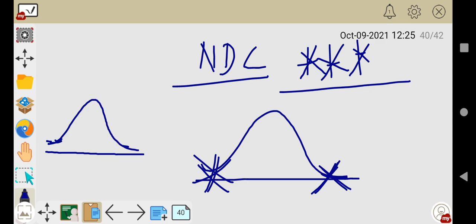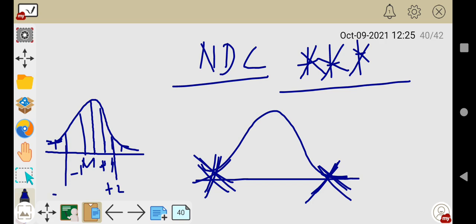Okay? Never join. First thing. This is the mean. Then I will draw lines and explain it, right? This is +1, this is -1. Then next is +2, this is -2, this is +3 standard deviation, this is -3 standard deviation, right? This we all know.